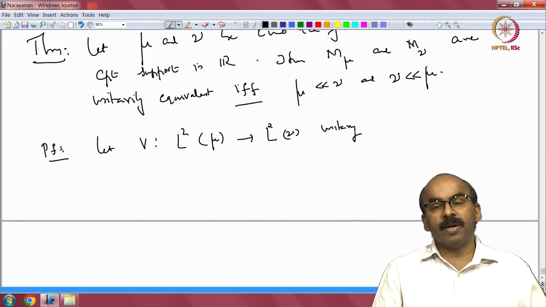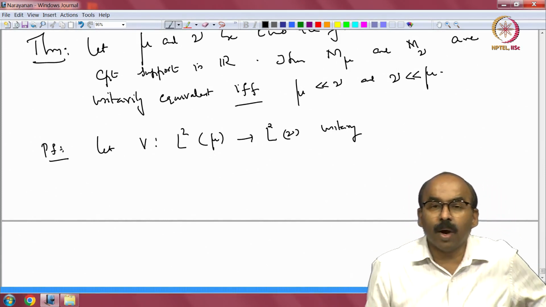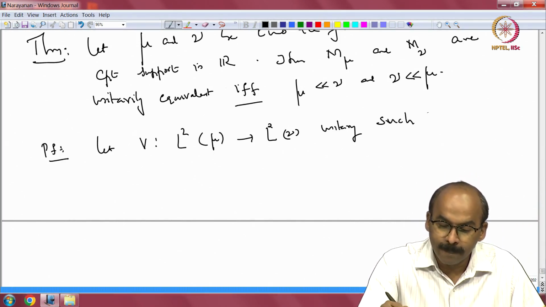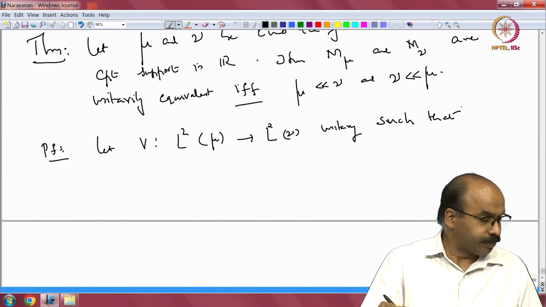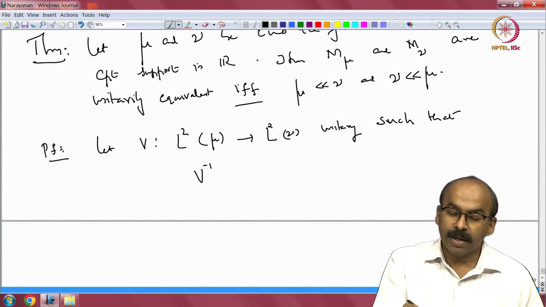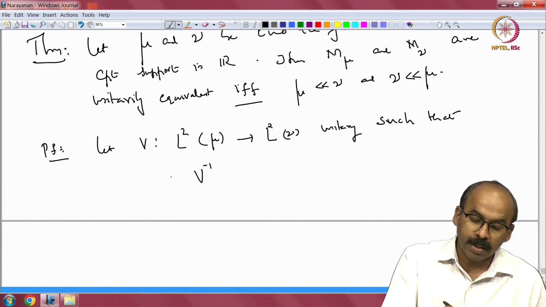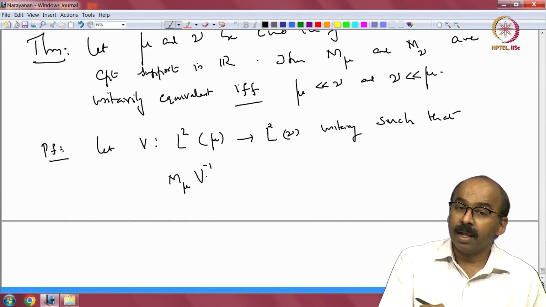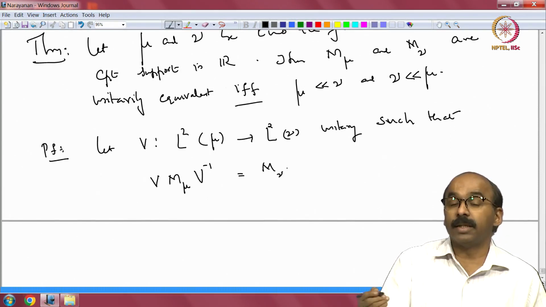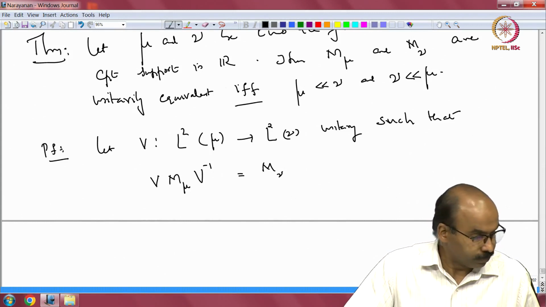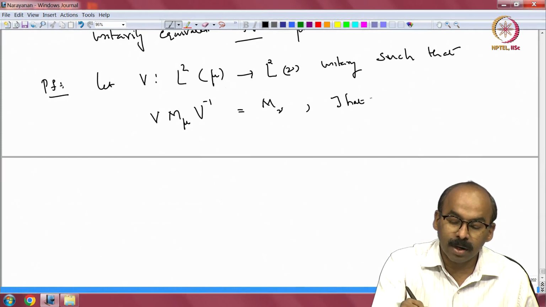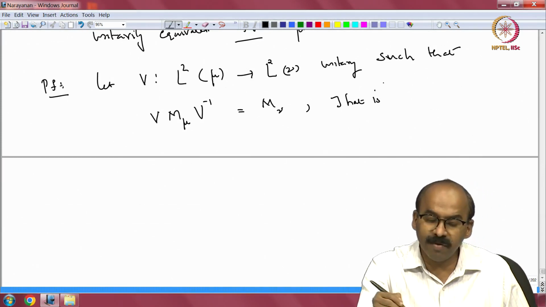So, it is a unitary operator between these two L2 spaces which intertwines these multiplication operators, such that V inverse takes L2 of nu to L2 of mu, then you apply the multiplication operator here, then you go back via the unitary V, you should get the other operator, m sub nu. Okay. That is, to write it a bit more clearly, you can take the V inverse to the other side.